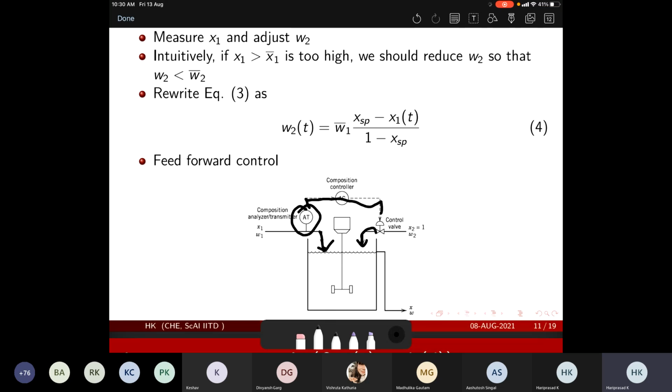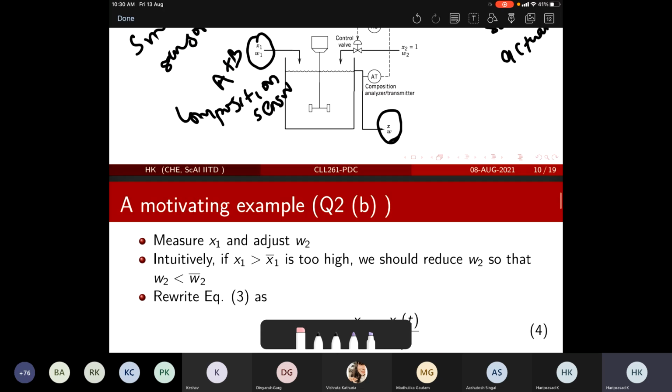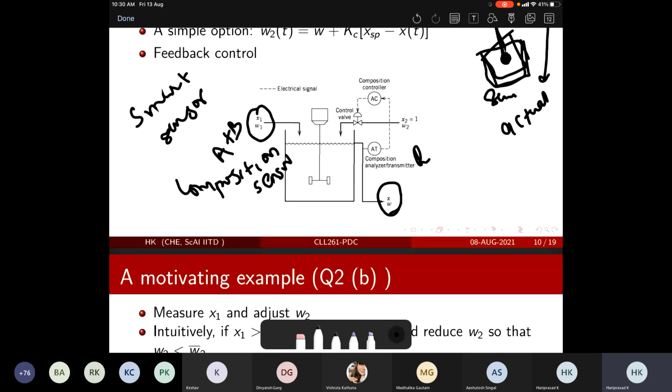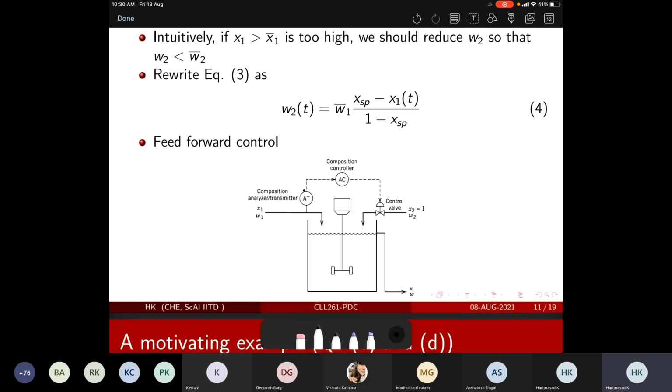So that you are more proactive. But this is, let me use this word, more reactive: something happens, you go and do a correction. This is proactive.